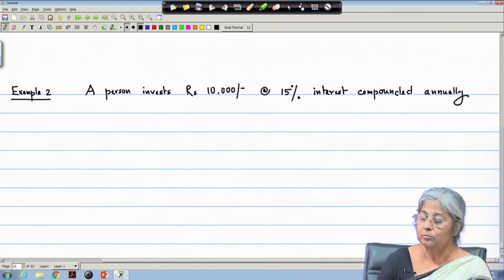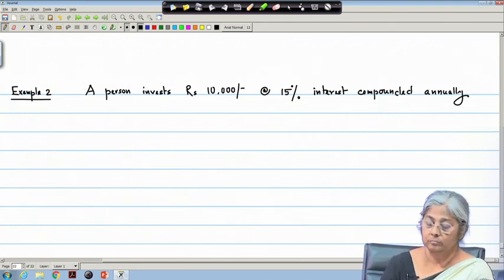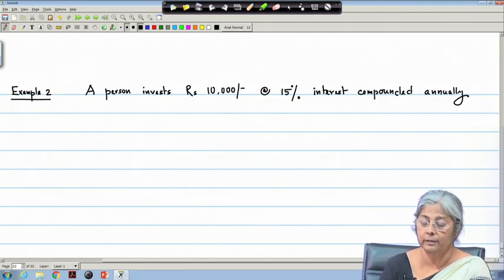Now, we want to find out the total amount at the end of the nth year.